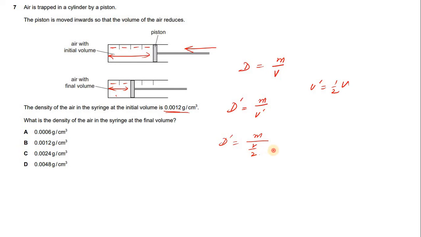And this 2 goes up, giving 2 times M upon V. And M upon V is your initial density, which is 0.0012. That means the new density D dash will be double the old density. Volume half, density double. So 2 times 0.0012 is 0.0024. Option is C.